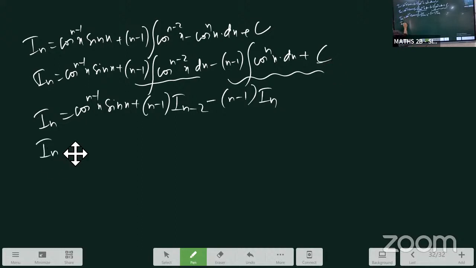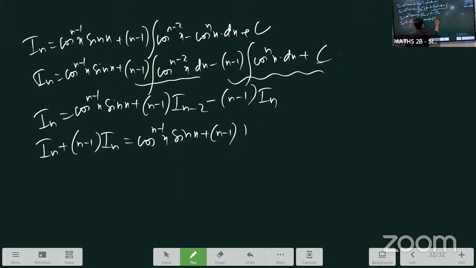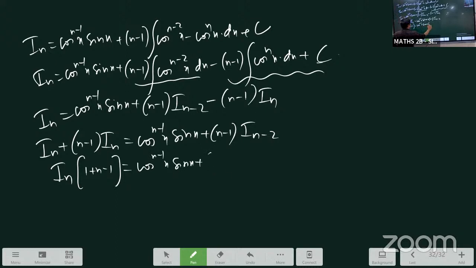Now In plus, bring it inside. cos power n minus 1 x sin x plus n minus 1 In minus 2. Now In plus n minus 1 In is equal to cos to the power n minus 1 x sin x plus n minus 1 In minus 2. Now minus 1 plus 1 gets cancelled. Make In the subject, bring n to the denominator.